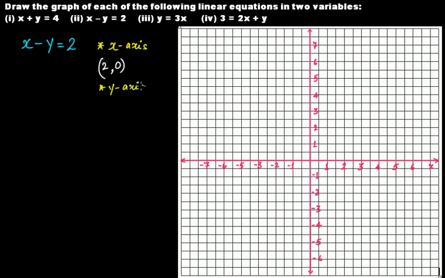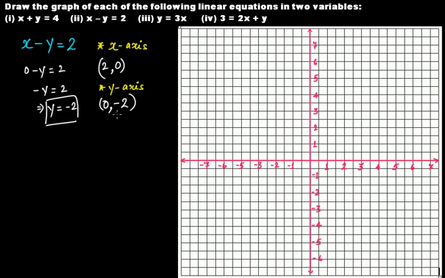For that, put x equal to 0, because on the y-axis your x is 0. So when your x is 0, it is 0 minus y equal to 2, minus y equal to 2, that is y is equal to minus 2. It means that it is 0, minus 2.